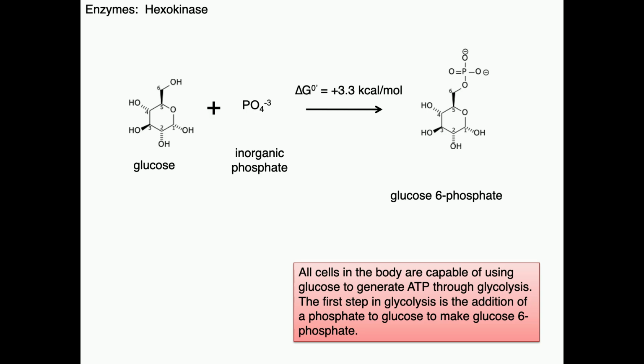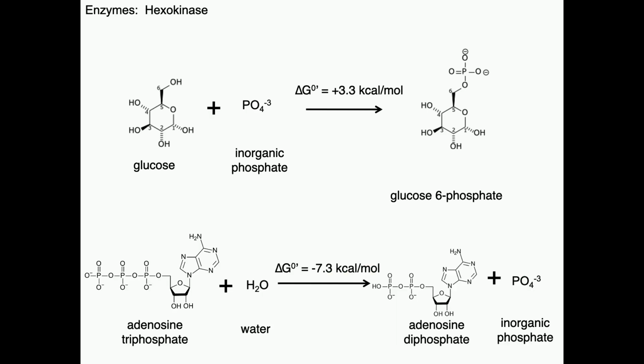Inorganic phosphate is not one of the substrates of the hexokinase enzyme. Right, the substrate is ATP. So the hexokinase enzyme is able to couple an energetically favorable reaction, the hydrolysis of phosphate from ATP, so that's a strongly energetically favorable reaction, right? 7.3 kilocalories per mole.